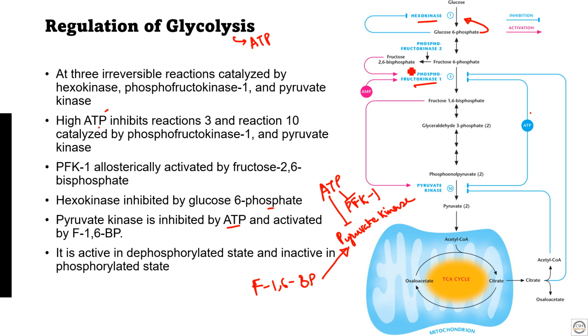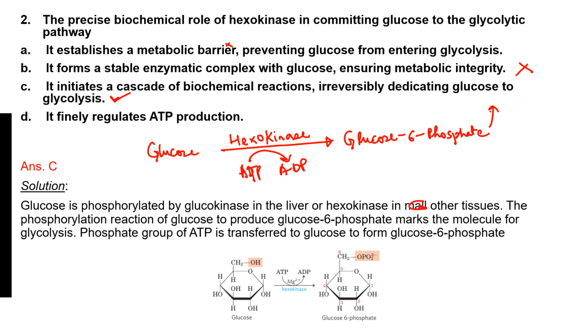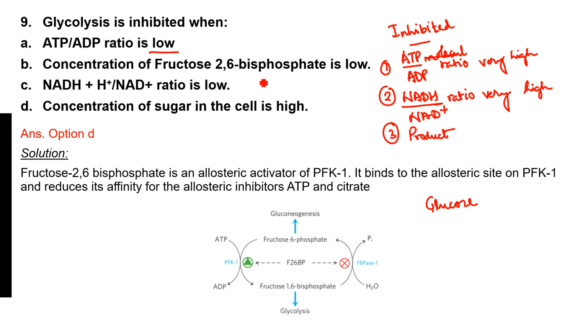Fructose 2,6 bisphosphate actually activates the glycolysis pathway, because it activates the enzyme phosphofructokinase 1, and it will promote glycolysis to take place. Okay. So this statement, concentration of fructose 2,6 bisphosphate is low, this will actually activate glycolysis.